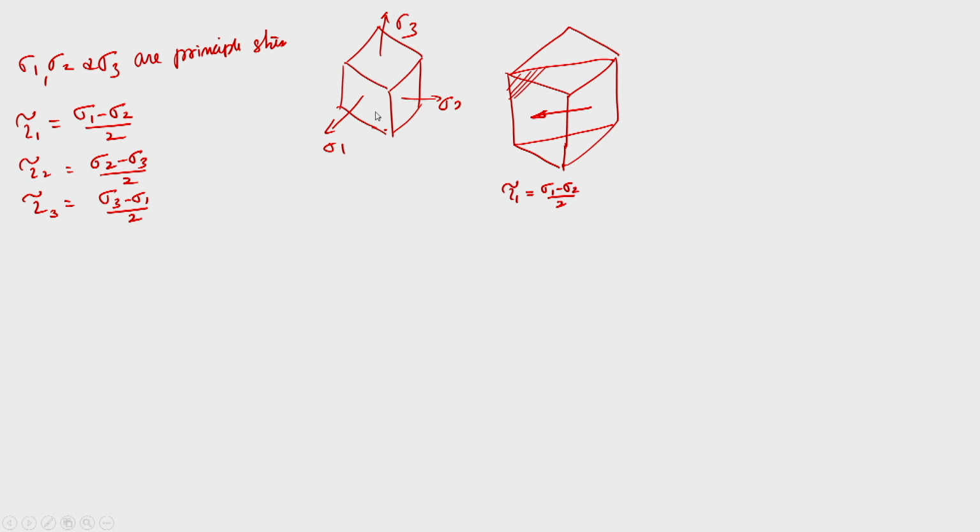Okay. You will find that it is equally inclined to your sigma 1 and sigma 2. See, this is direction 1, and this is direction 2. So, it will be equally inclined to 1 and 2 and parallel to that. So, this is the direction of this maximum shear stress.